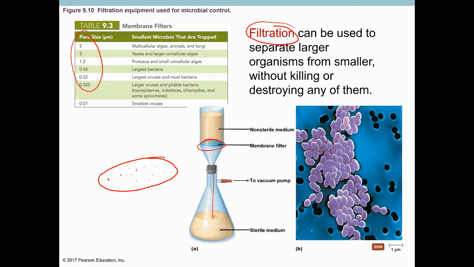And so you take your non-sterile medium, the contaminated mixture, you pour it through the filter, and only the pure medium would come through. And then you could probably put the filter in the biohazard bag. So this is just a simple way of removing microbes from a contaminated liquid.